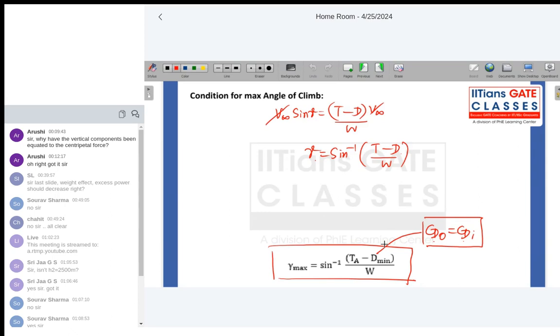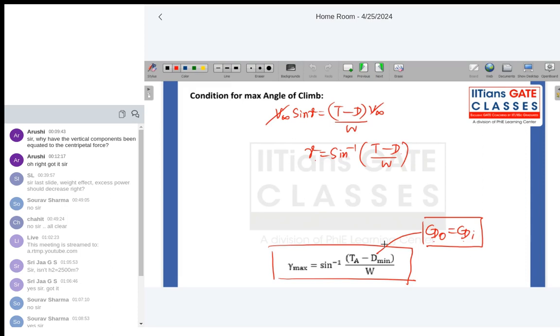So here the power required only will become minimum at rate of climb maximum. But here the drag is minimum, so you require less thrust to overcome the drag. Drag into velocity is your power required.